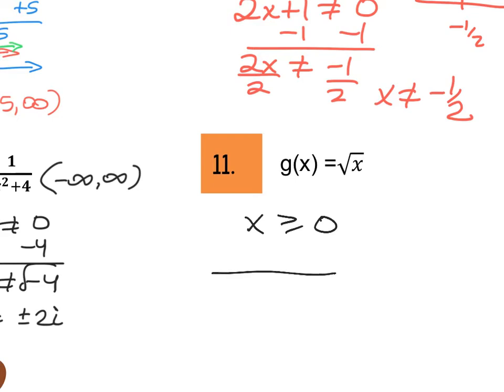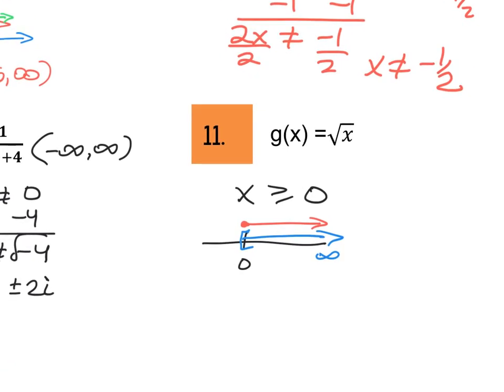On my number line, this would be a closed circle going this way, or a bracket going this way, either way. So in interval notation, this would be from 0 with a bracket, because it's greater than or equal to, and then to infinity. Can't be any negative numbers.